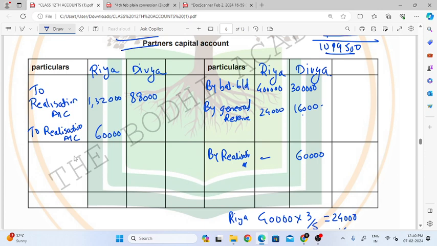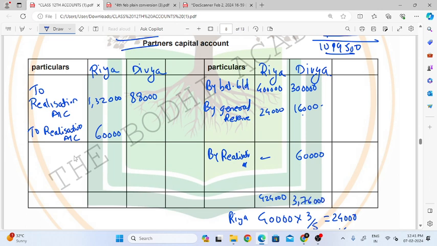What else is left? The general reserve, we took the balance brought down. Now we have to find out the capital figures. So 4 lakh plus 24,000 comes to 4,24,000. Then 3 lakh plus 16,000 plus 60,000 comes to 3,76,000.